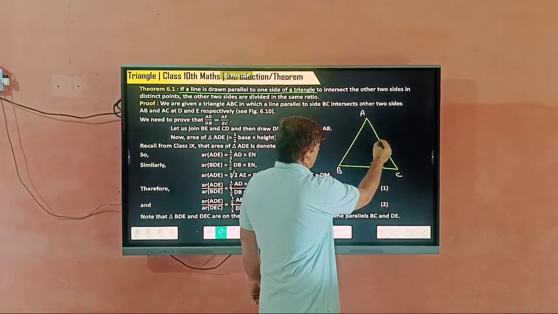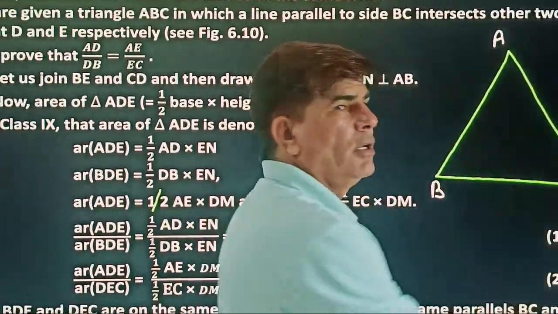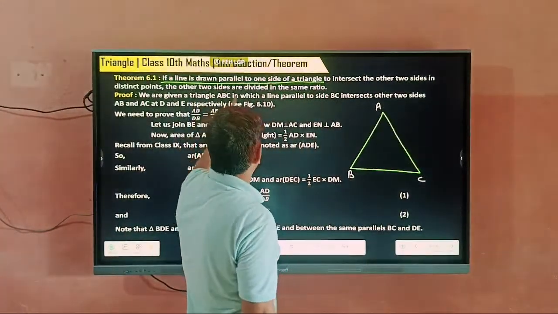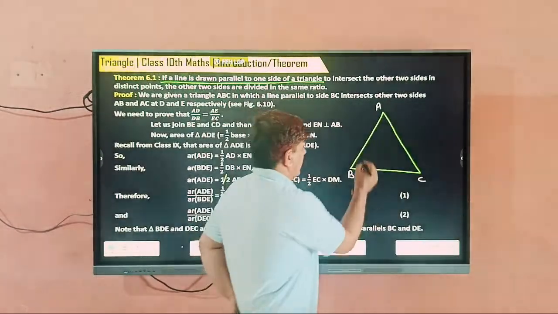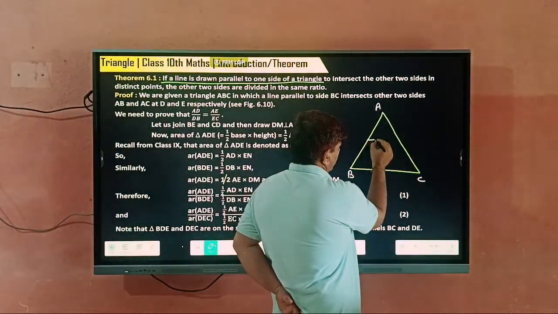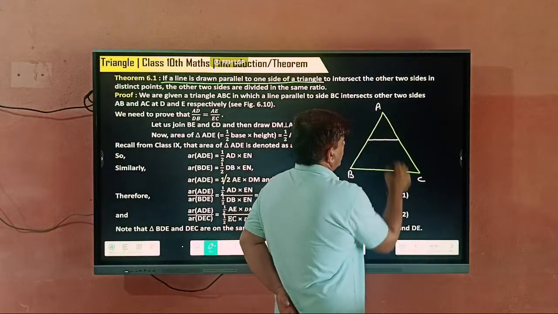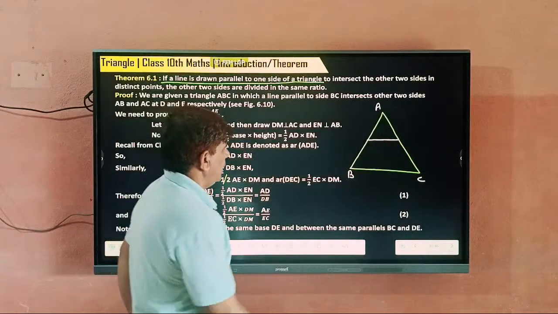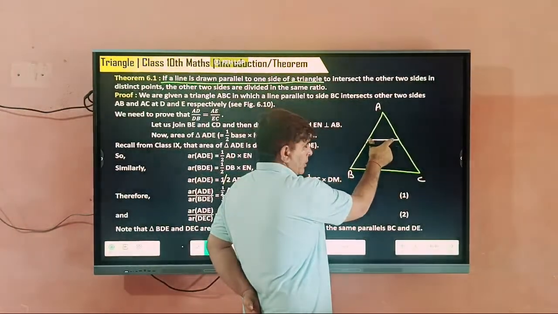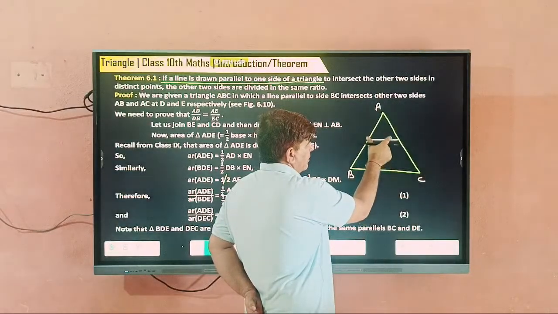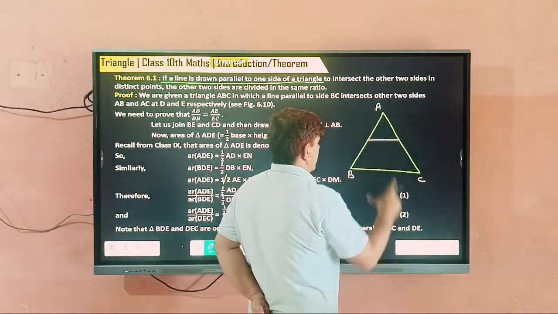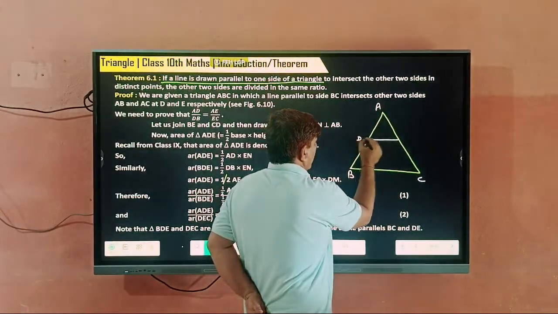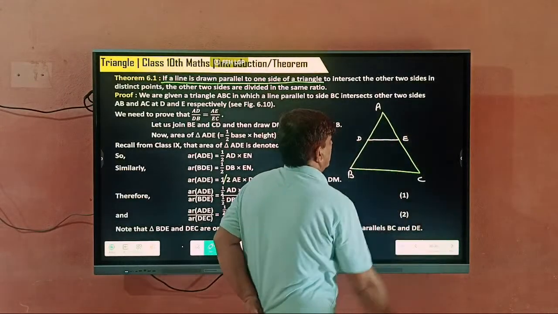We can draw like this also, which is parallel to AB. It's not compulsory that you have to take it like this. So a line segment is drawn parallel to one side of a triangle, which intersects the other two sides. Here this line segment is parallel to this, and it intersects the other two sides, AB and AC, at point D and point E respectively.